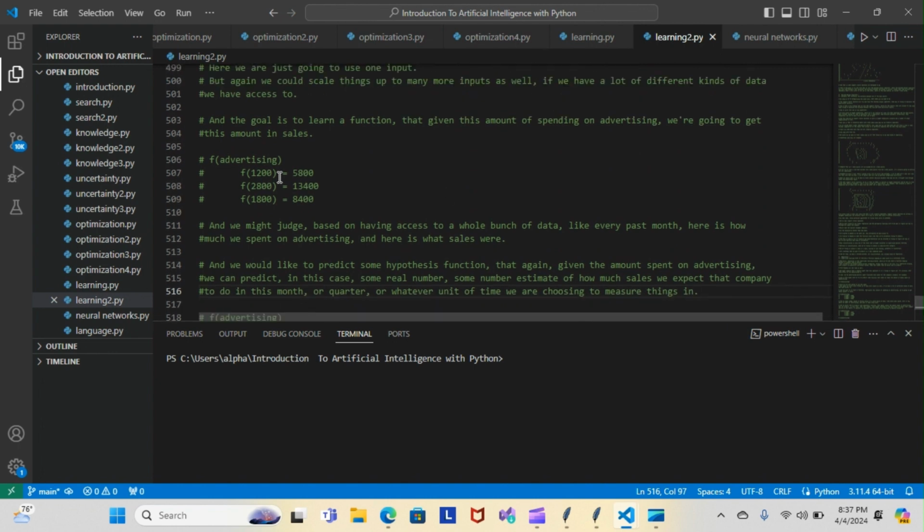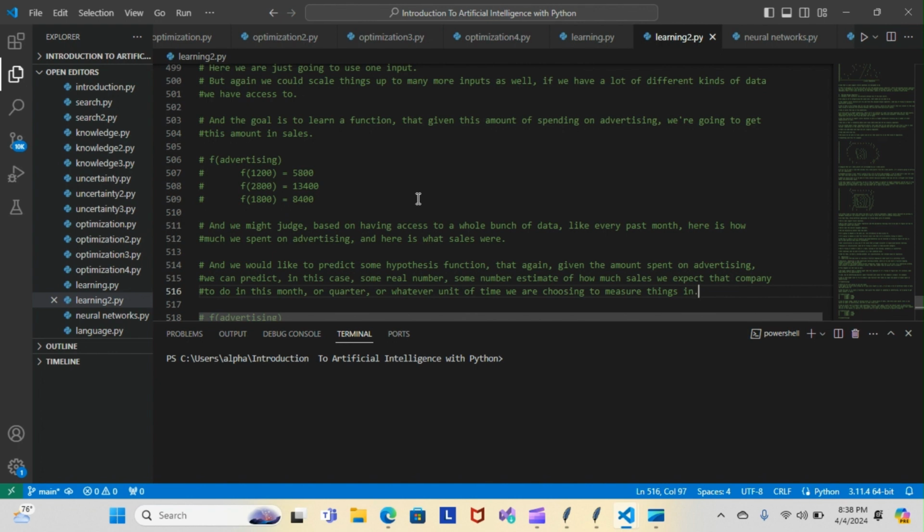So this is our new function here, advertising, and this is the function of money spent on advertising, and this should be the money generated by those actual purchases of advertising. So function of 1200 equals 58, meaning we generated $5,800 for the company by spending $1,200 on advertising. And we might judge based on having access to a whole bunch of data, like every past month.